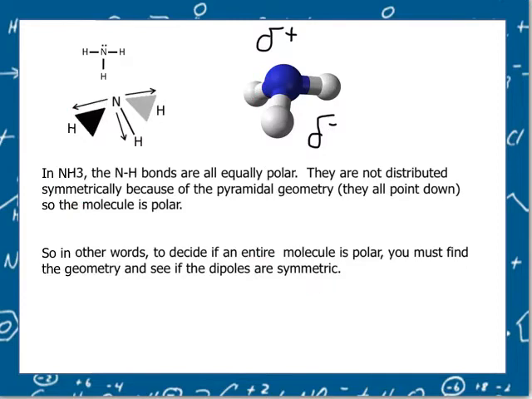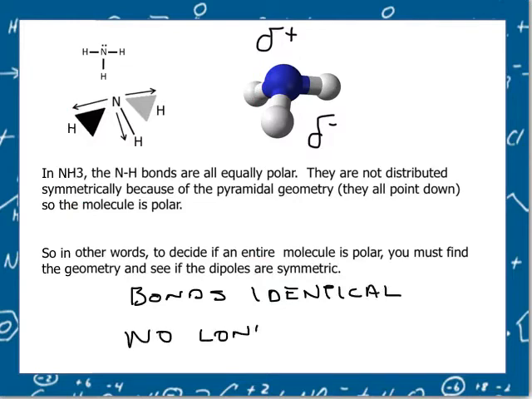And here's a very, very quick and dirty way to figure out if a geometry is symmetric. To be symmetric, all of your bonds have to be identical.